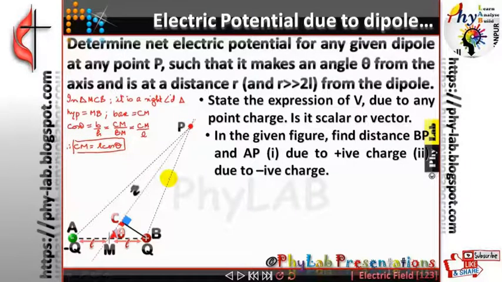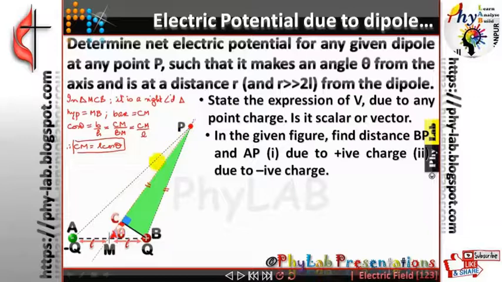Now if you see in triangle BCP, this side and this side will be approximately equal. Why? Because point P is far off situated.